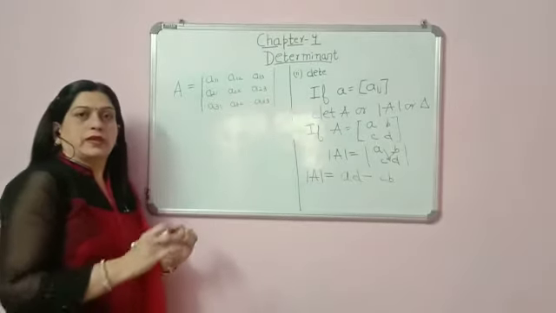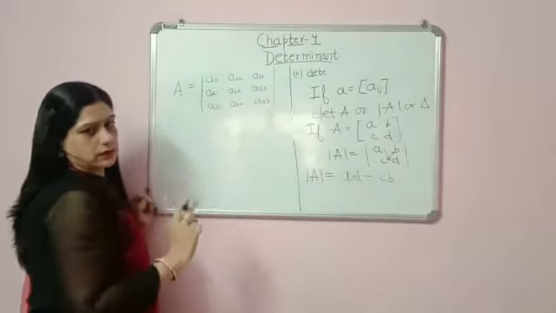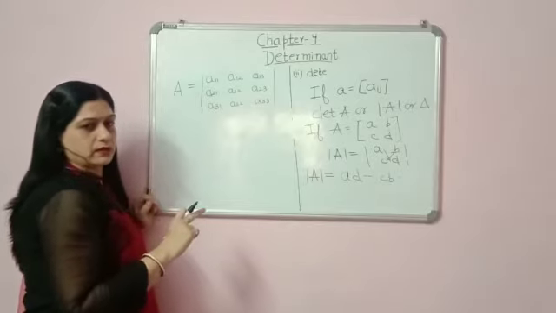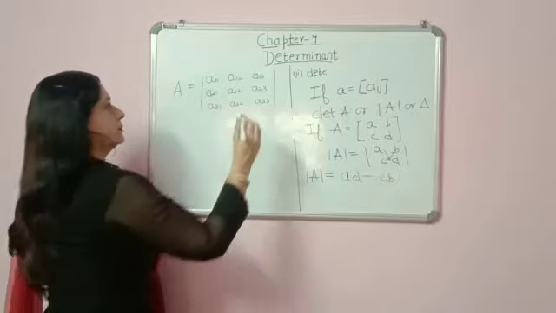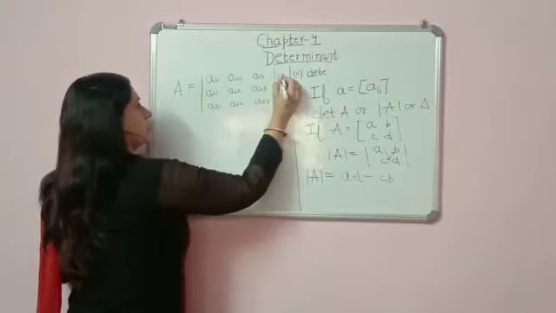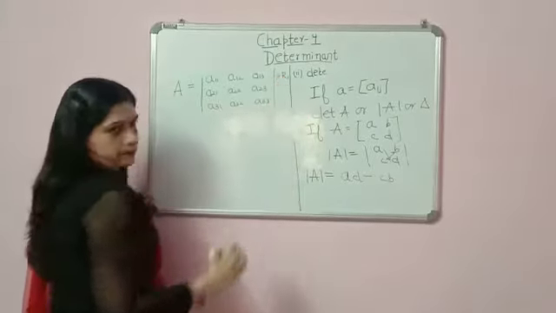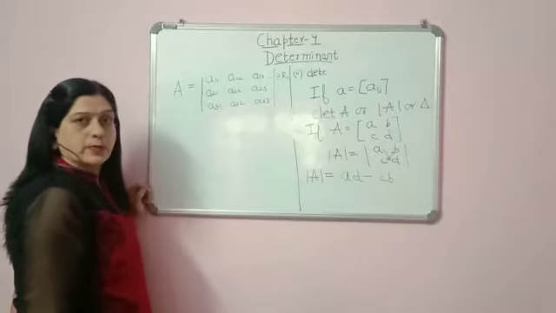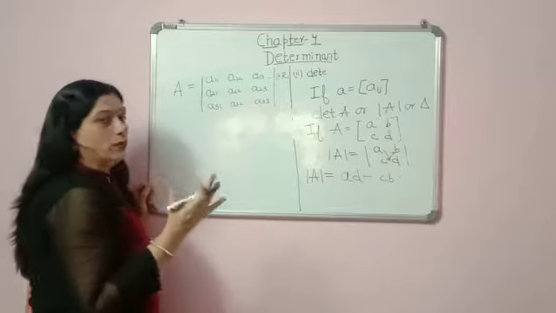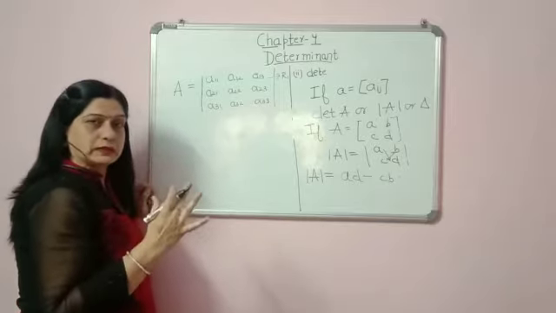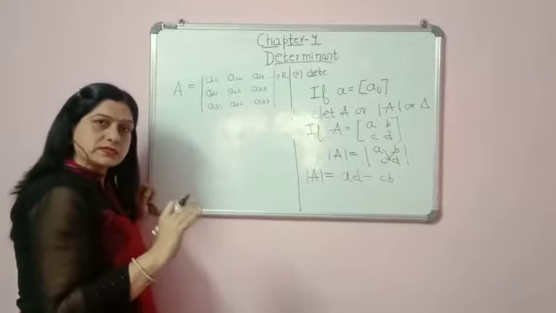In case of a third order determinant, you can expand it along any of its rows or any of its columns. But we will expand it about row 1. And the value will always be unique, whichever row or column you expand it about, the value is always the same.